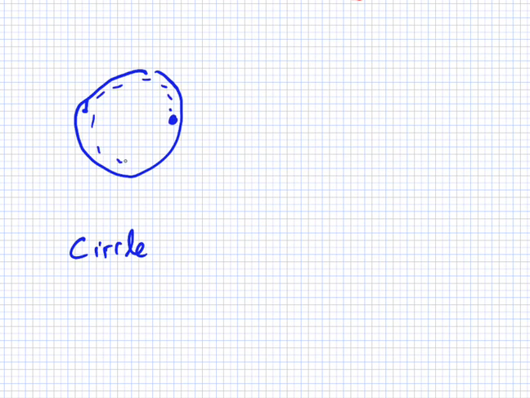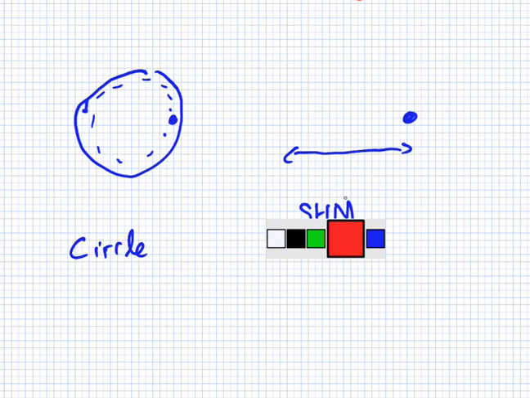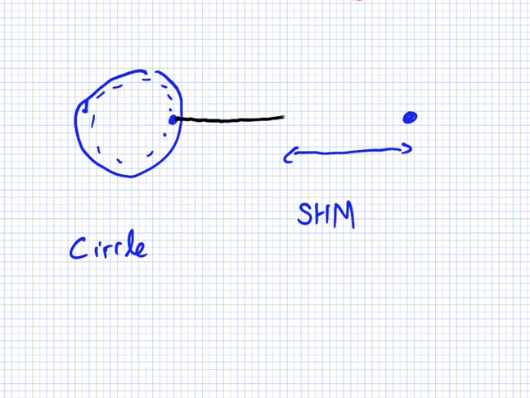So, let me give you an example here. Yesterday, we did circular motion. So we have this going around in a circle. Okay, and today we're doing this simple harmonic motion where it's going left and right. Now, if I just connect this here, and this is like on a train.